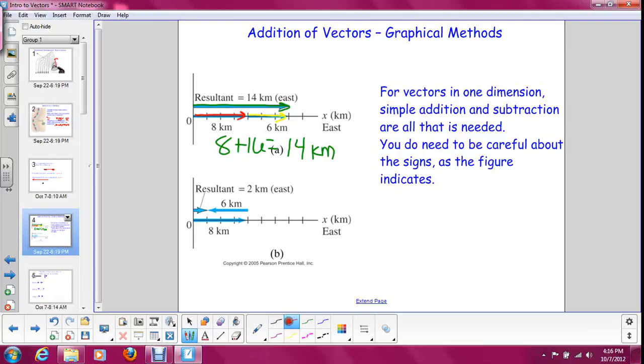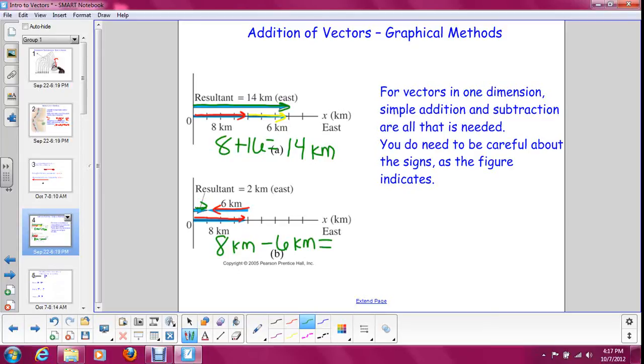The second example down here is what would happen if I walked away 8 kilometers to the east, but then I turned around and walked back 6 kilometers to the west. My overall displacement in this case would only be 2 kilometers because I move 8 kilometers to the east, which I'm going to call positive, but then I move 6 kilometers in the other direction, west, which I call negative.